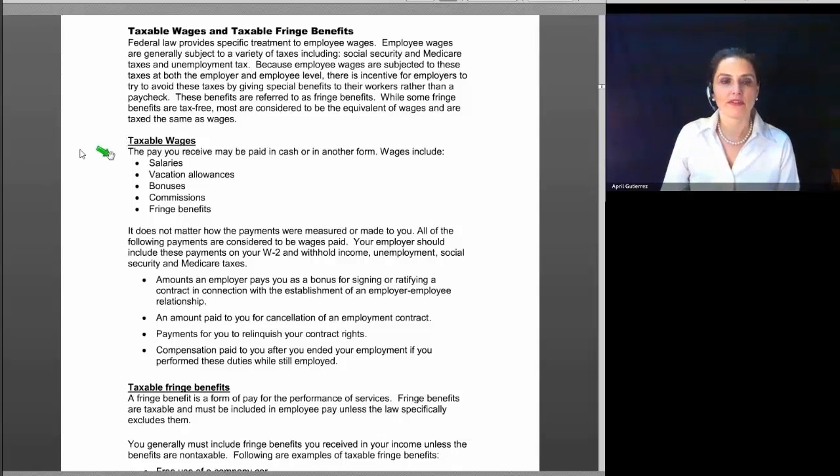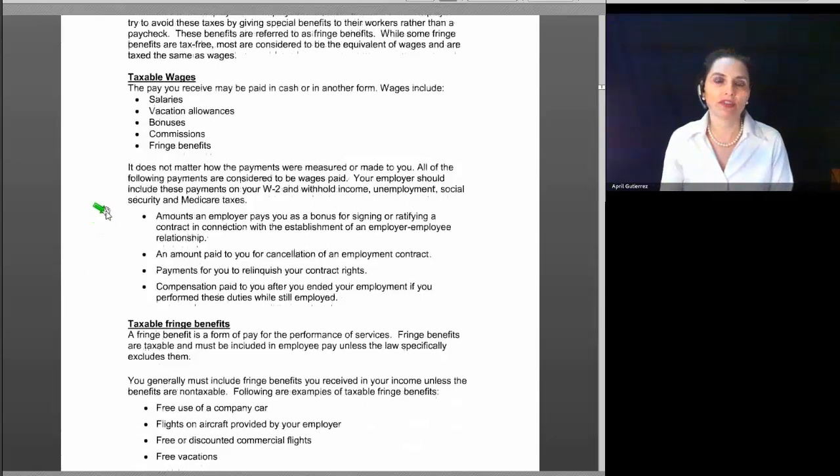Taxable wages that an employee can receive include salaries, vacation allowances, bonuses, commissions, and fringe benefits. It does not matter how the payments were measured or made to you. All of the following payments are considered to be wages paid, and your employer should include these payments on your W-2 and withhold income, unemployment, Social Security, and Medicare taxes.